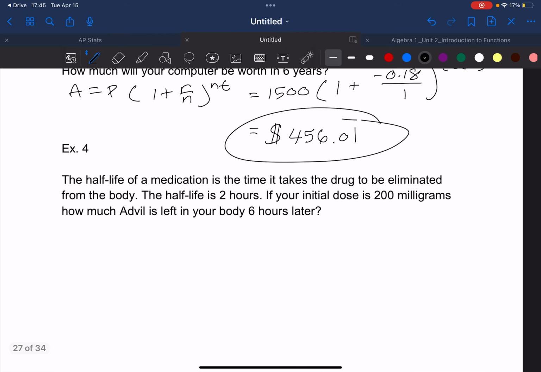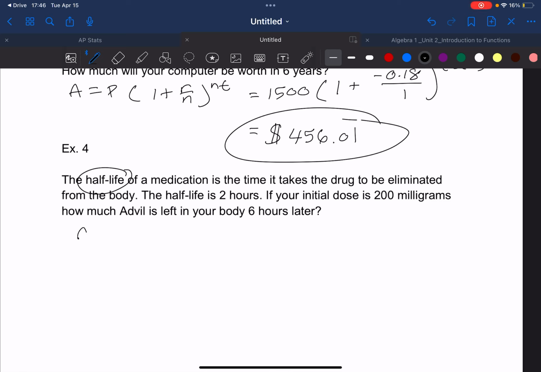Number 4 says the half-life, so that is telling us right there what equation we're using, of a medication is the time it takes the drug to be eliminated from the body. The half-life is 2 hours. If your initial dose is 200 milligrams, how much Advil is left in your body 6 hours later?